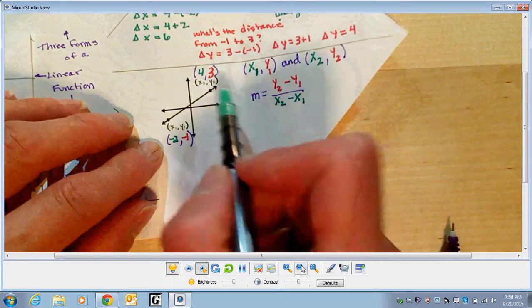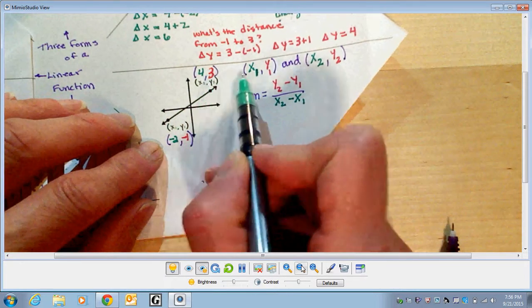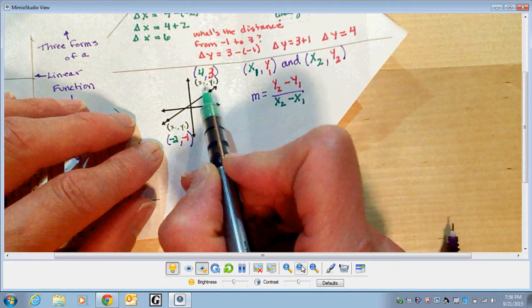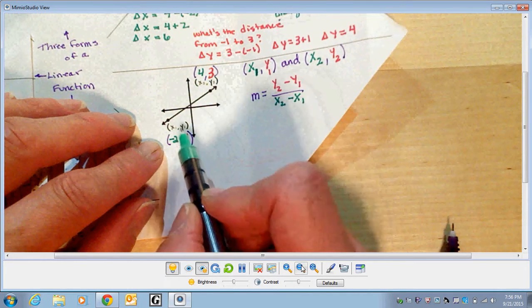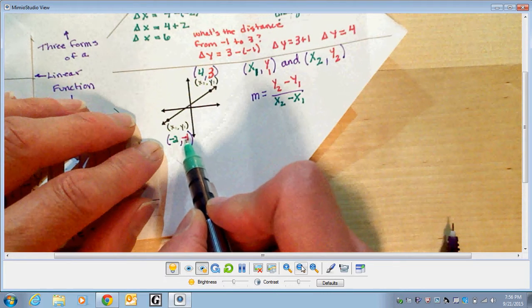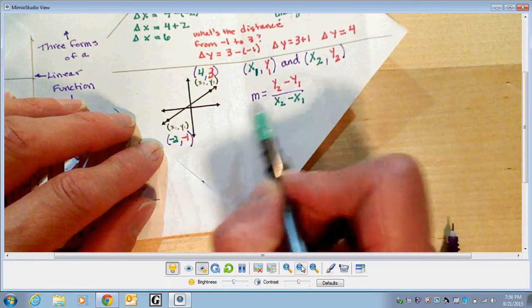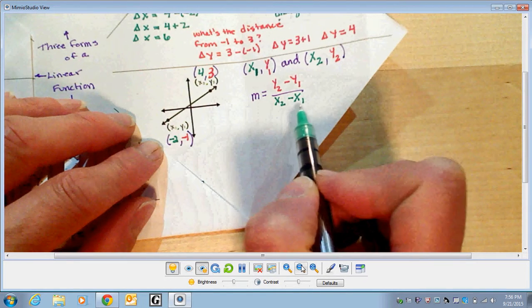So we're going to substitute in our points. So notice when I'm given points, here I have an x2, y2 underneath, and here I have an x1, y1 up above. It's a good habit when you're given points to go ahead and label them like that, so that will help you not get confused here.